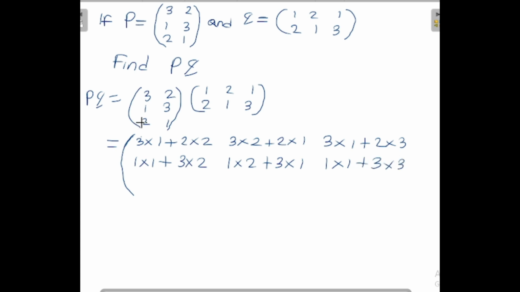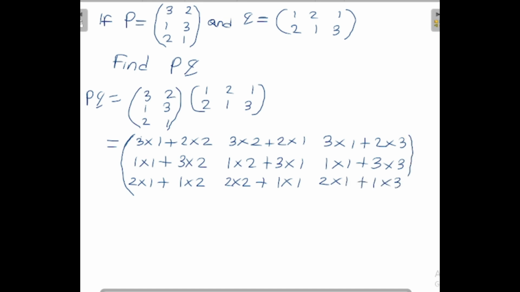Then again, this row, we multiply this. So here will be 2 times 1 plus 1 times 2. Then again, this row, multiply this column. 2 times 2 plus 1 times 1. Then this row, multiply this last final column. 2 times 1 plus 1 times 3.